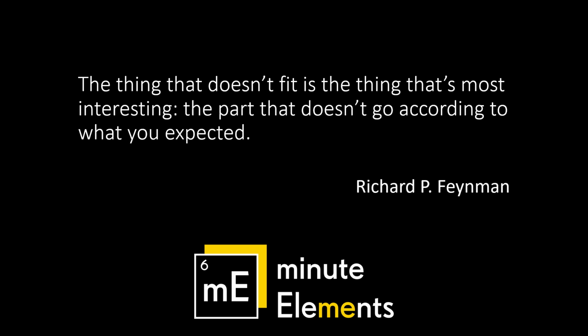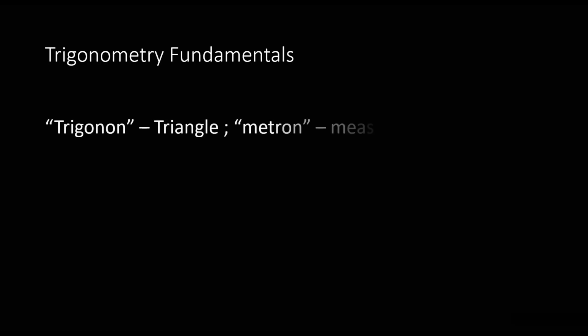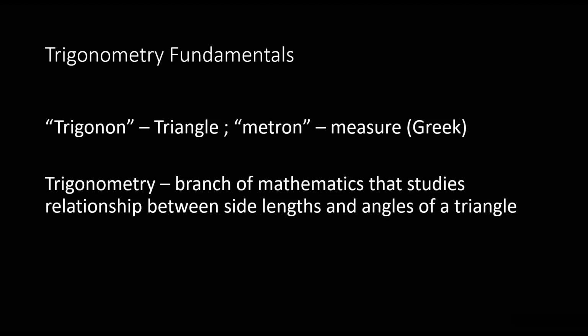So let's get started. In this video, I am going to talk about fundamentals of trigonometry. If we dissect the word trigonometry, it is made up of two words, trigonon, which means triangle, and metron, which means measure in Greek. And therefore, trigonometry is defined as a branch of mathematics that studies relationships between side lengths and angles of a triangle.